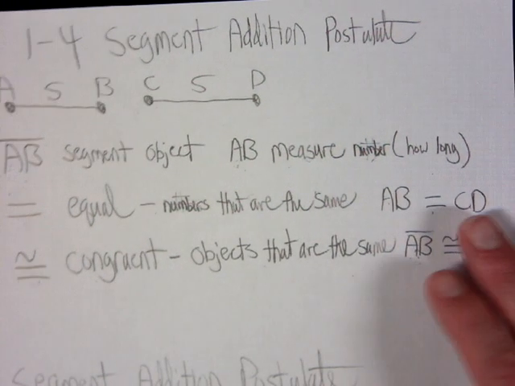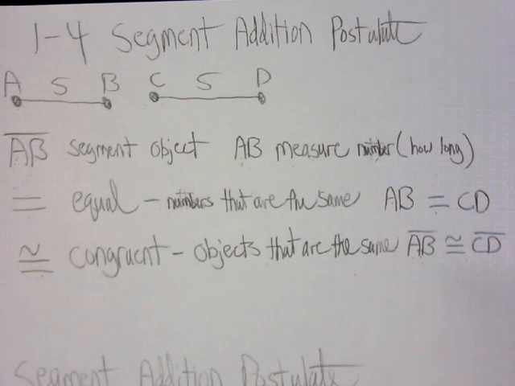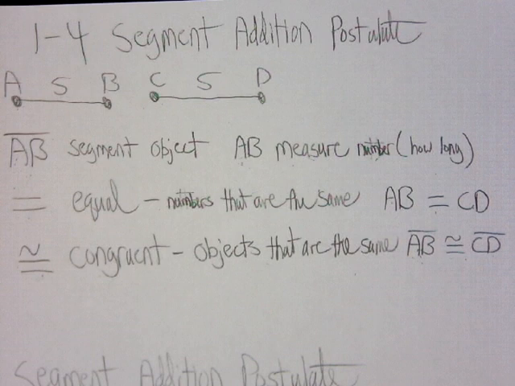So between 5 and 2.5 times 2, I would put equal. Between 10 and 12 minus 2, I would put equal. Between 3.14 and pi, I would put equal because those are two numbers that are the same. But between two segments that have the same length, I would put congruent because they're objects. Between two angles that have the same measure, I would put congruent.